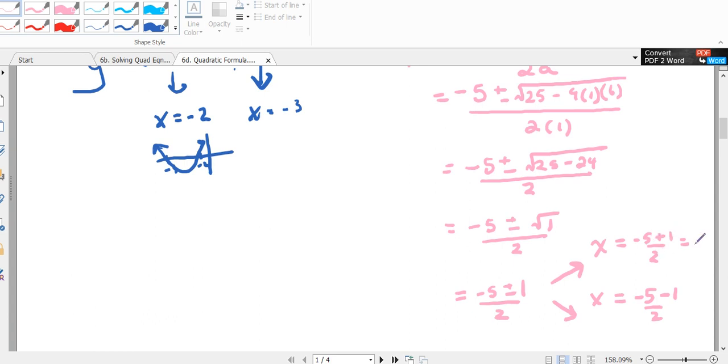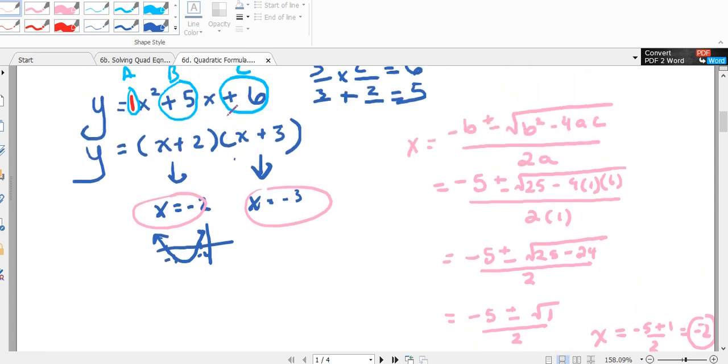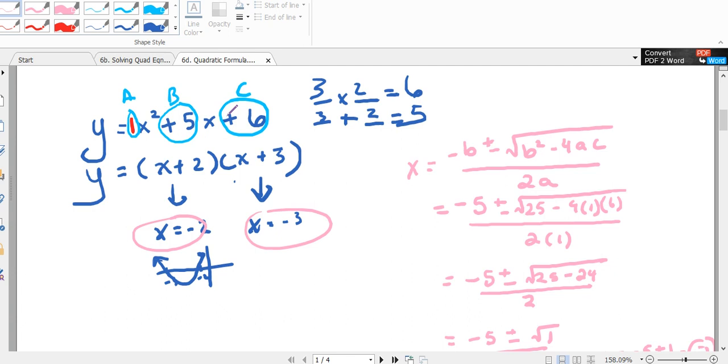Negative 4 divided by 2 is negative 2. Negative 5 minus 1 is negative 6. Negative 6 divided by 2 is negative 3. Are these two the exact same x-intercepts as these two? Yes, they are. So yes, they both will tell you the x-intercepts.